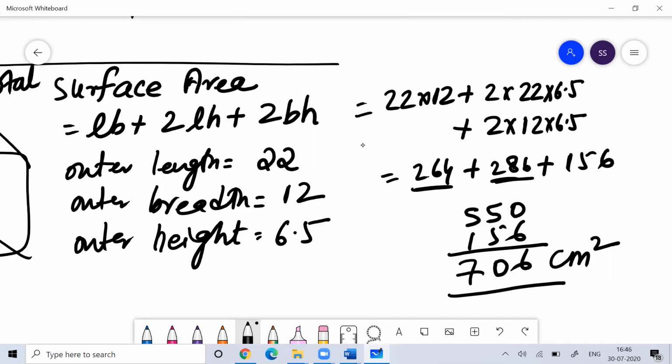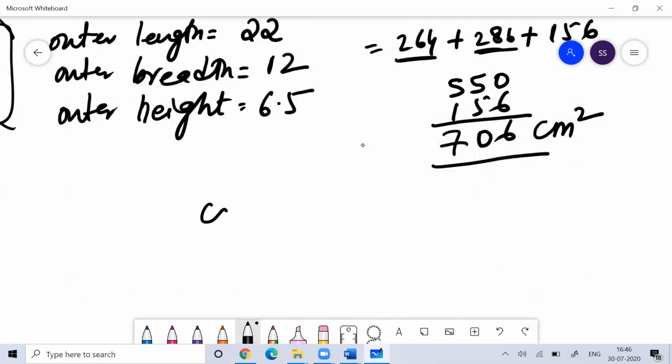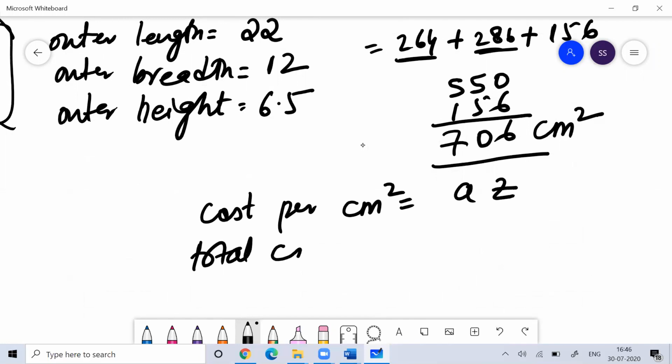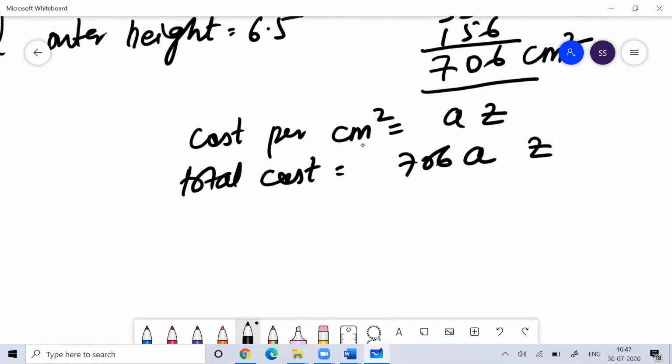Suppose the cost per centimeter square is A rupees. Then the total cost would be 706 into A rupees. So 706 A is equal to 70 rupees.